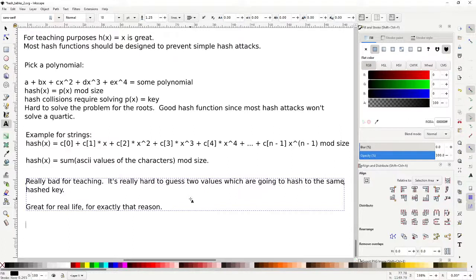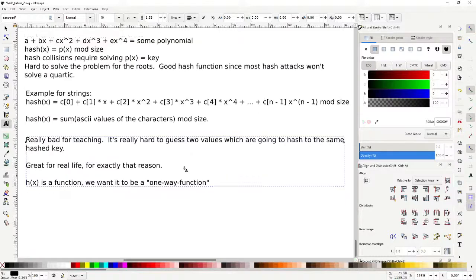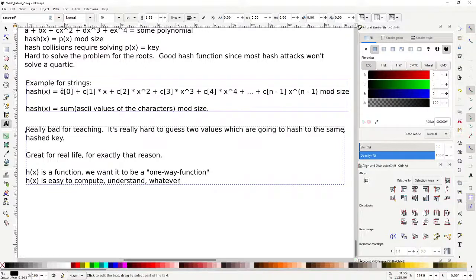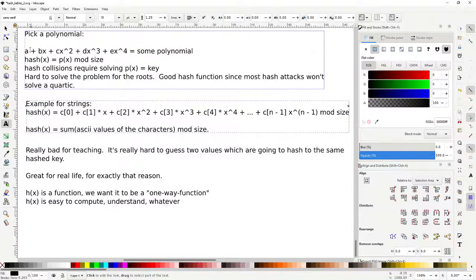So the good bit of news is that if you can make your problem sufficiently hard, right? Really what I mean by this is, h of x is a function. We want it to be a one-way function, which is something you hear in cryptography. What I mean by a one-way function is a function where h of x is easy to compute and understand. I don't care that it might be hard to solve for roots of this polynomial. The whole point is that it's easy to understand what the polynomial is, right?